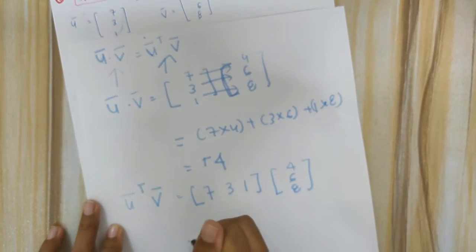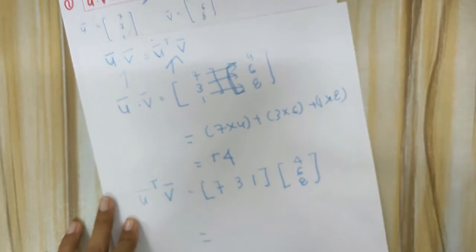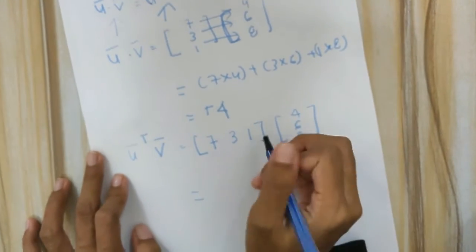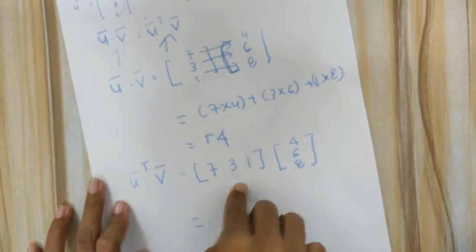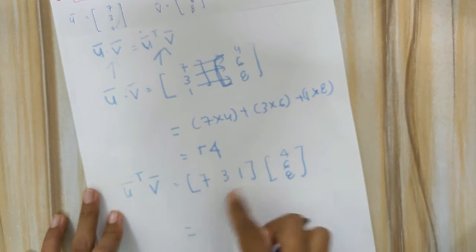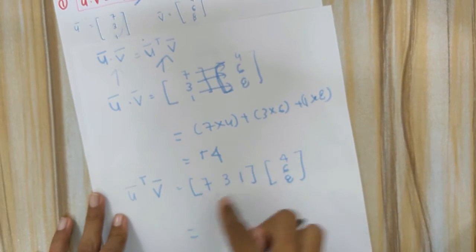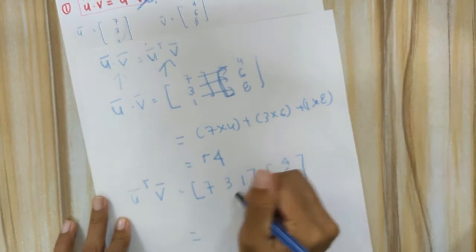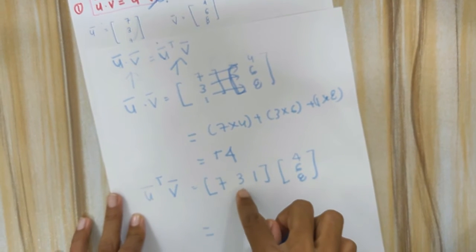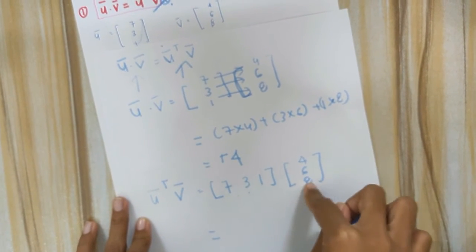For multiplication product, we need to make sure that this column for this part and this row for this part are the same.